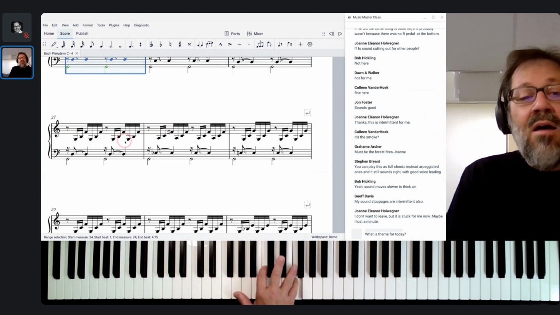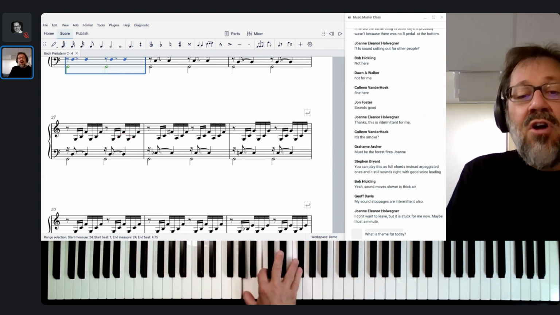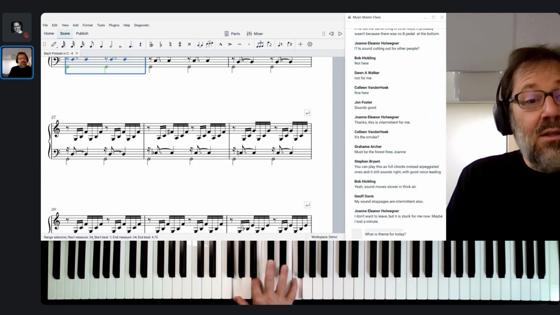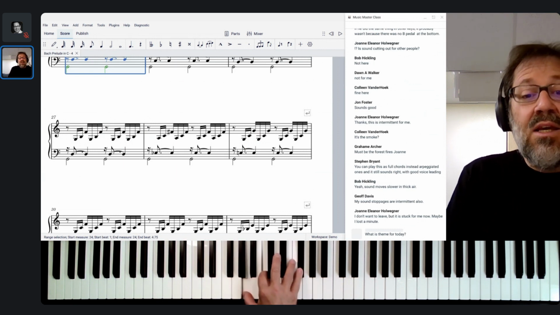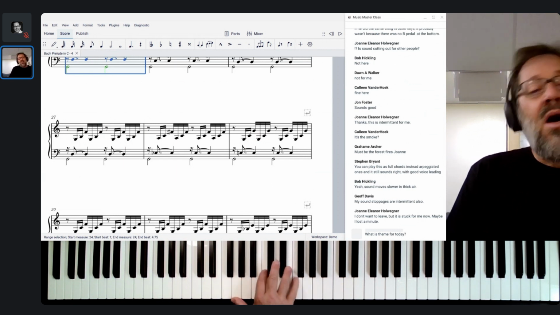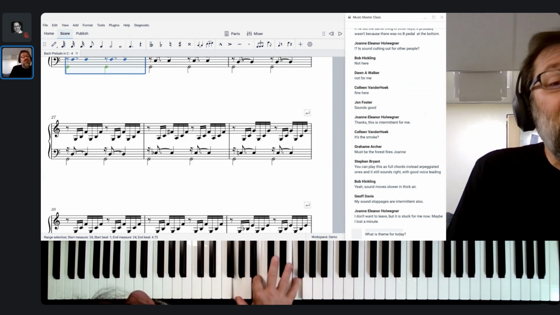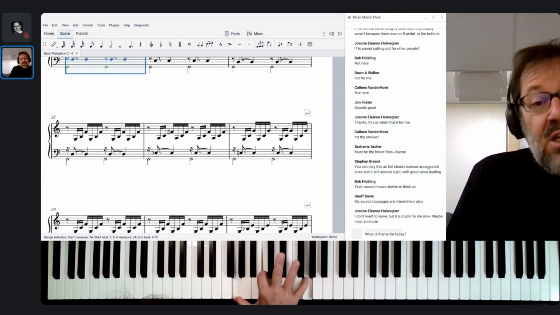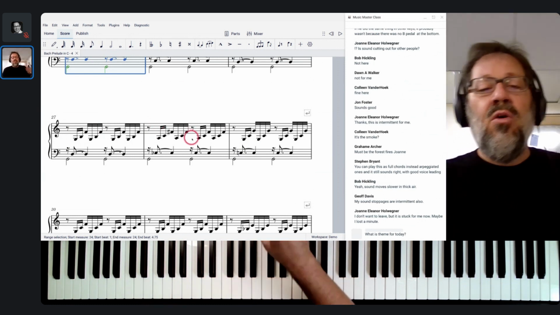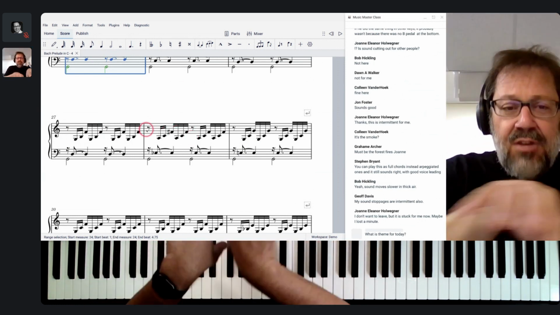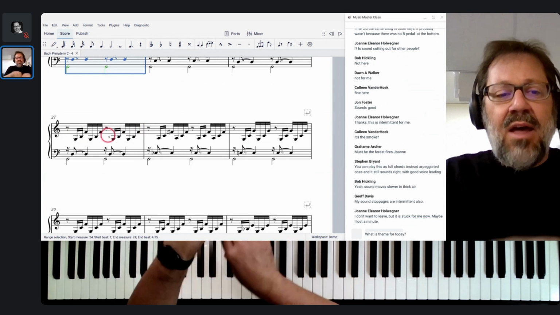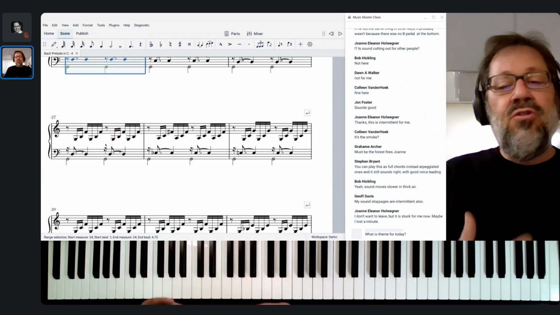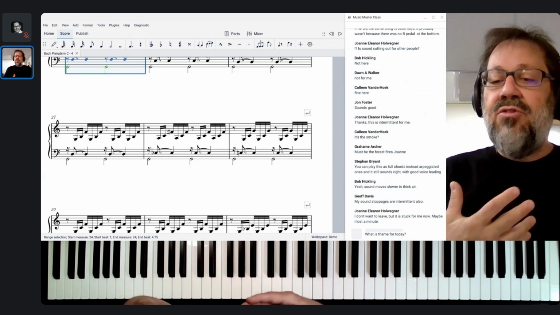The F to F sharp to G. The middle line is B, C, C. And the bottom line is just G, A, G, right? So each of the three independent lines on the top staff are moving together, and the same if we played all the bottom notes in there too. Everything would just move smoothly.